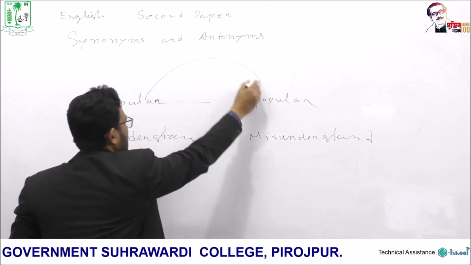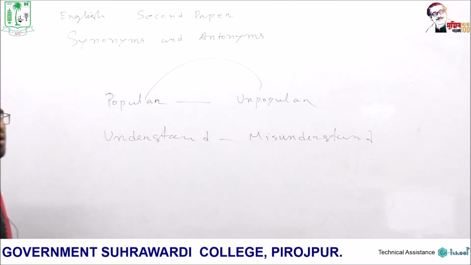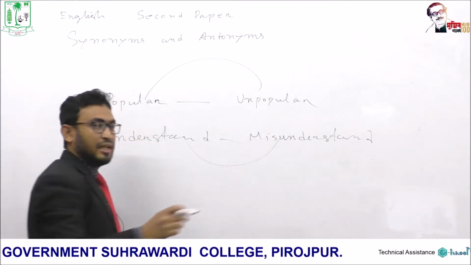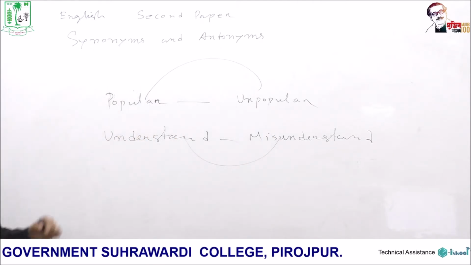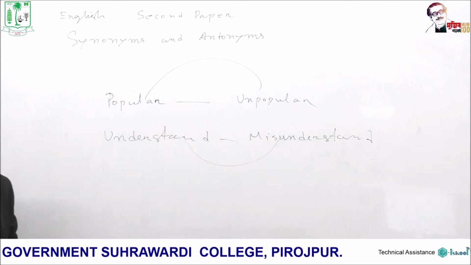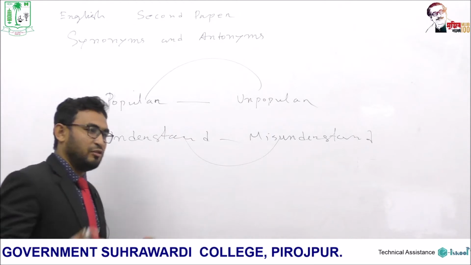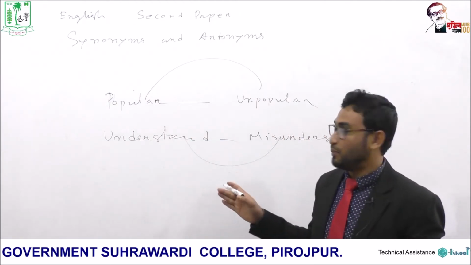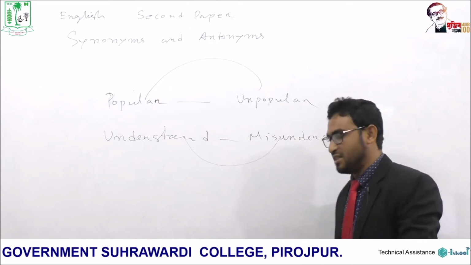What is the relationship between these two words? Popular and unpopular, understand and misunderstand. Can you gauge the relationship between these two pairs of words? That is, popular, unpopular, and understand and misunderstand. Okay, maybe many of you have understood the relationship between these words.